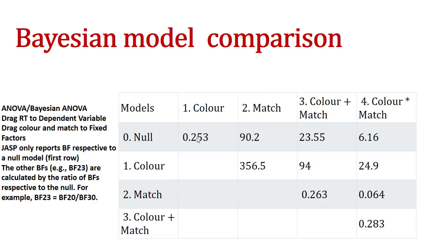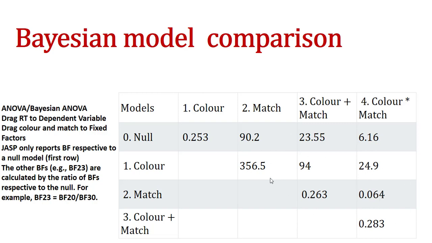The first row is the values that I showed before: the marginal likelihood of the model color against null, match against null, color and match against null, and color plus match plus the interaction against null. That's what I showed you in JASP. But we are interested in these comparisons as well.